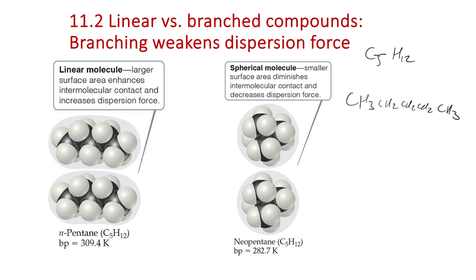There was a topic in chapter 2 that we didn't cover on branched hydrocarbons, which is where if you imagine we took a central carbon and then just put CH3s off the carbon, that's an isomer of C5H12. The formula here is still C5H12, and so it's still an isomer of pentane.